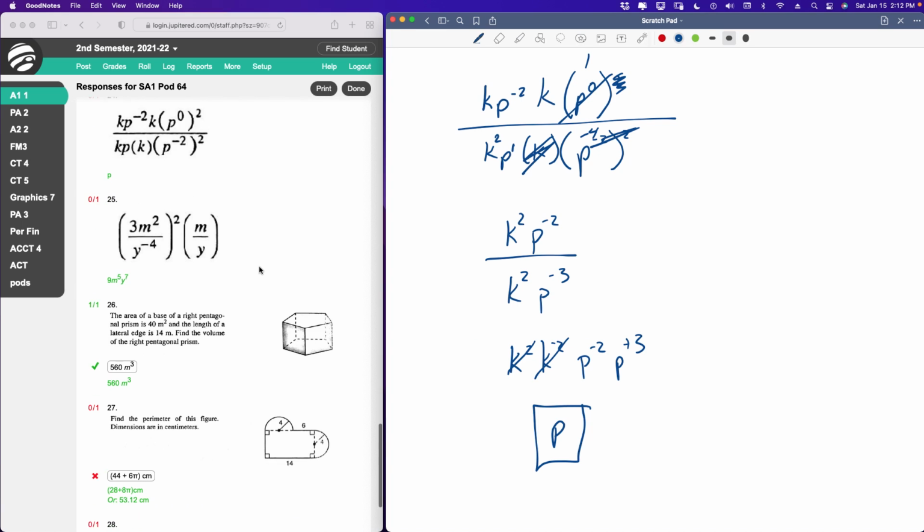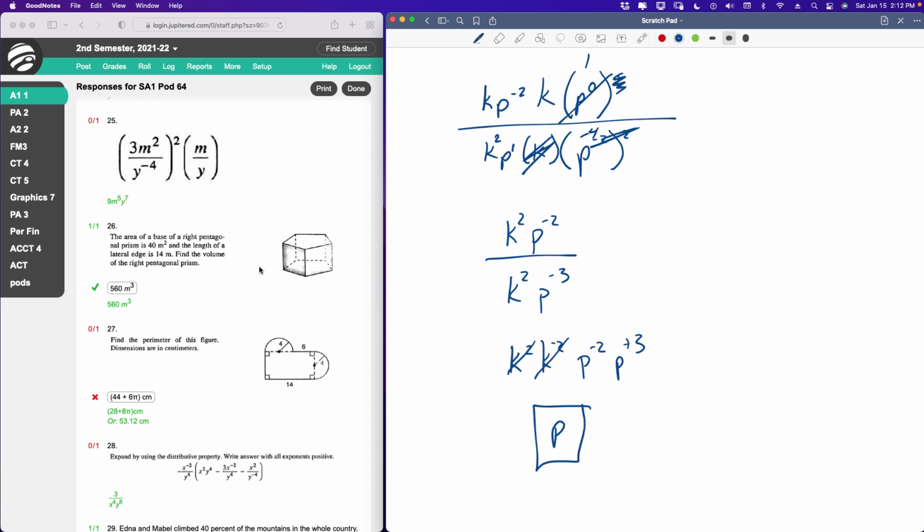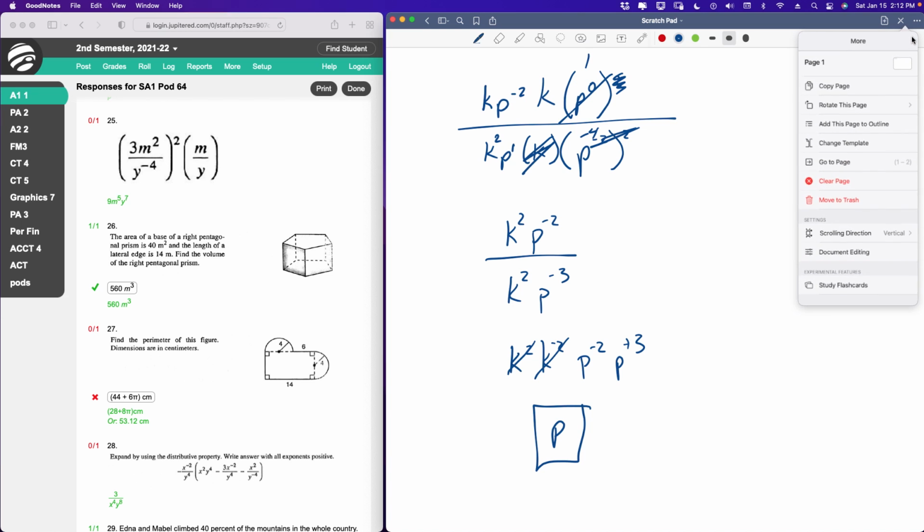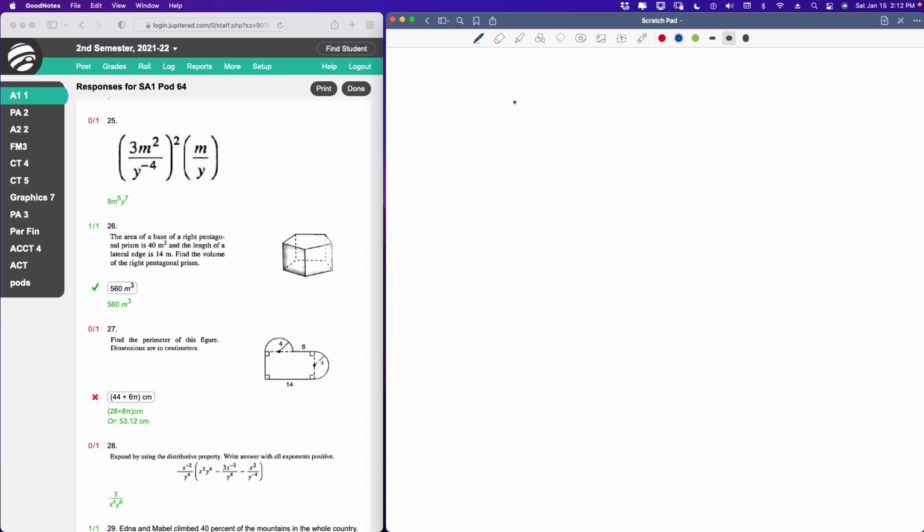Alrighty, let's do number 25. We have 3m squared over y to the negative 4. All that squared. And then we have that times m times y, or m over y. So what we really have is 2 times everything in here.